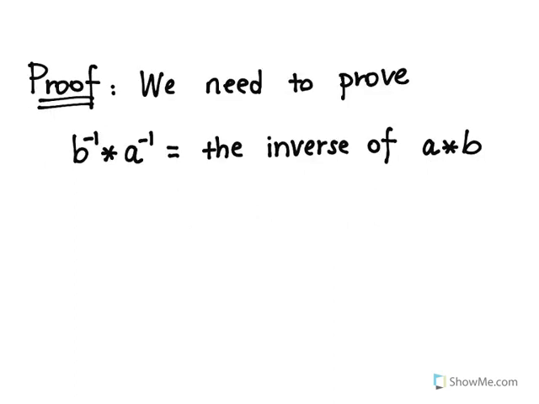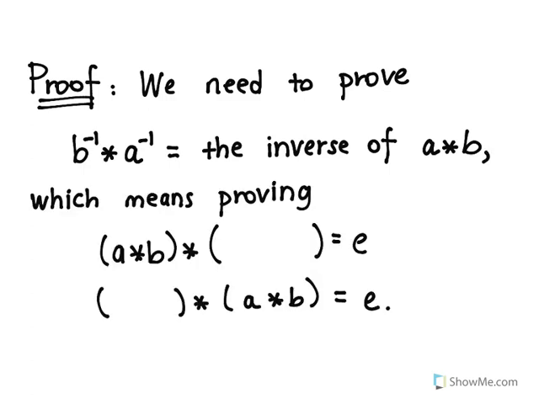A surprisingly helpful first step here is to just restate with some more words what it is that we need to prove. So we need to prove that B inverse star A inverse, that was the right-hand side of the equation above, is the inverse of A star B, right? That's what the left-hand side was, just with a little bit more words. But now, what would it mean to prove this? What does it mean in general to prove that something is the inverse of A star B?